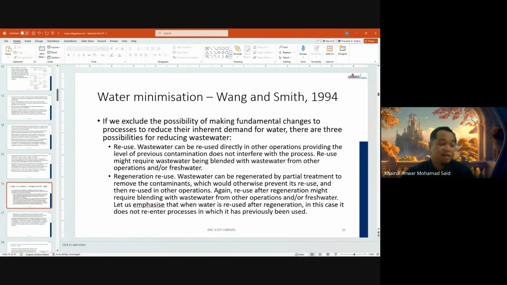So the core concept: there are three recovery pathways for the water, or wastewater, since this paper is based on wastewater.